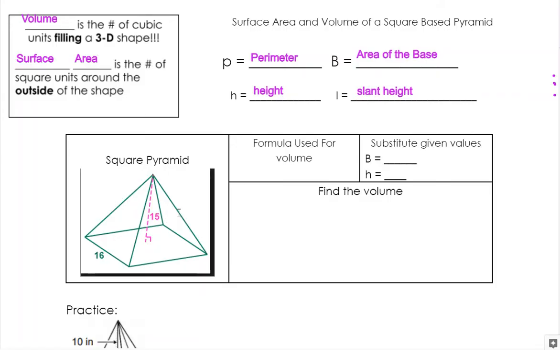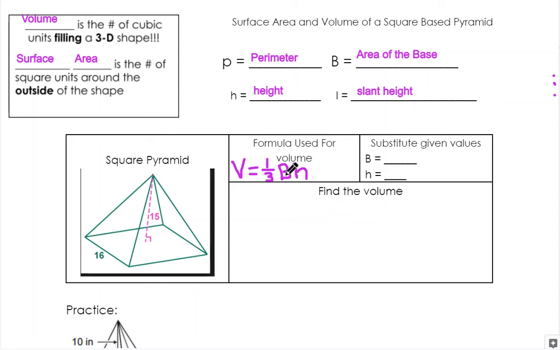Okay, so let's figure out the volume of a pyramid first. Here's a square pyramid. The first thing we have to do is write the volume formula: V equals 1/3 of the capital B, which we just said means the area of the base, times the height.